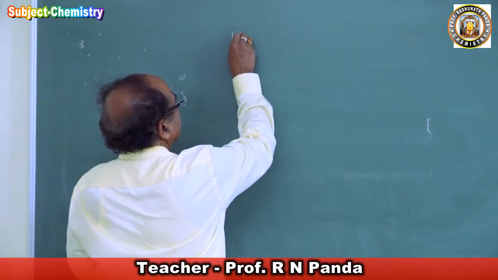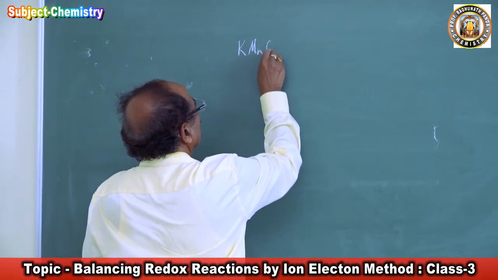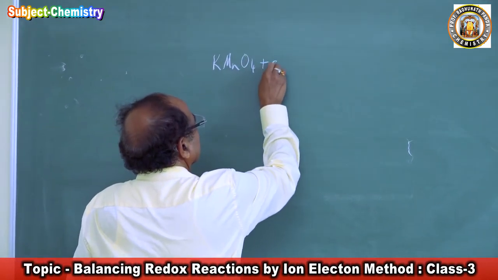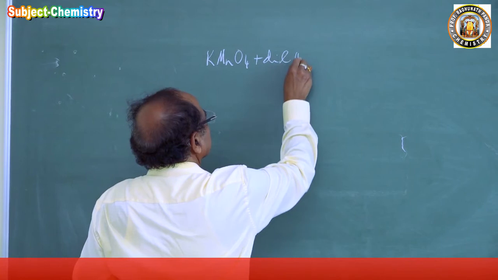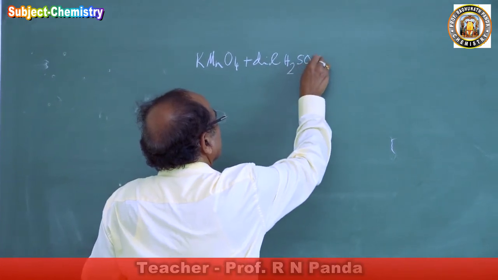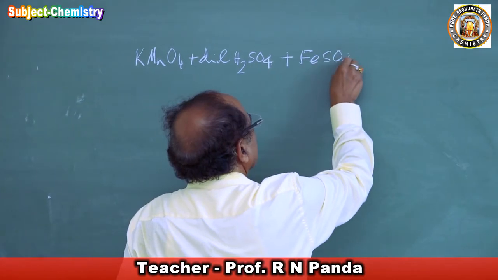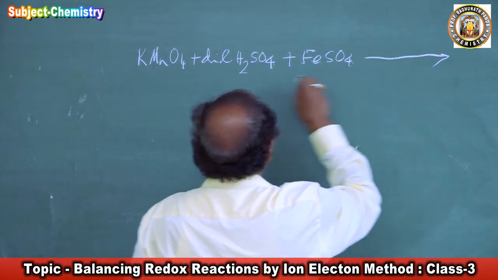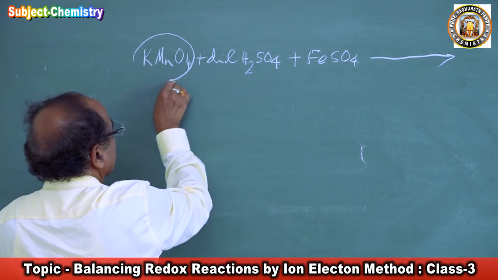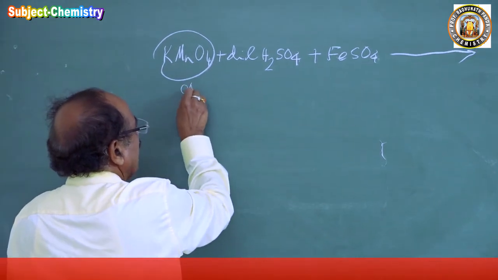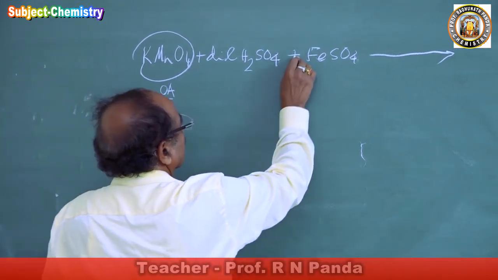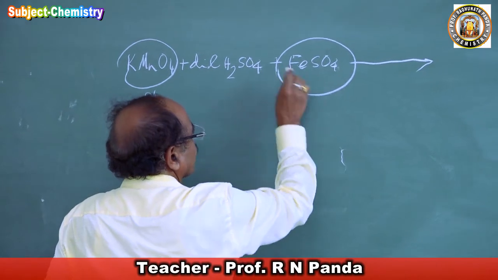Potassium permanganate, KMnO4, plus dilute sulfuric acid plus ferrous sulfate. In this reaction, potassium permanganate is our oxidizing agent, and it oxidizes ferrous sulfate to ferric sulfate.